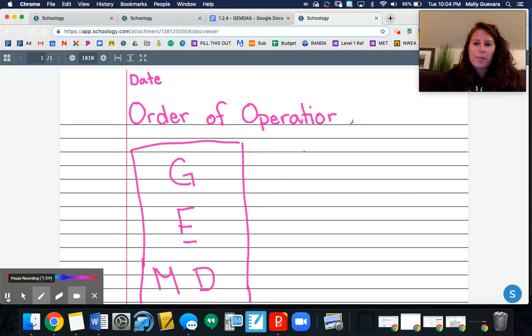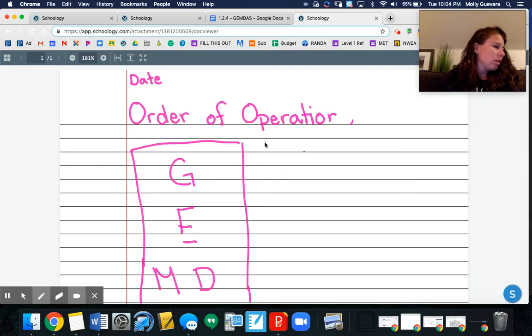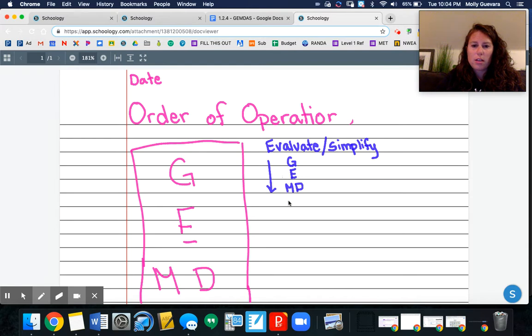If you are asked to evaluate or simplify, so just reduce what you have, you're going to go down the list in the order. So G, E, M, D, A, S. You'll just go down in the order. No big deal.